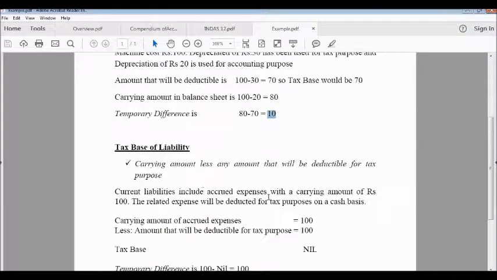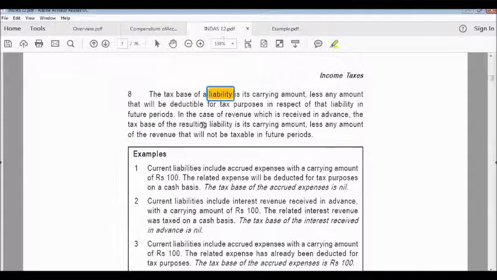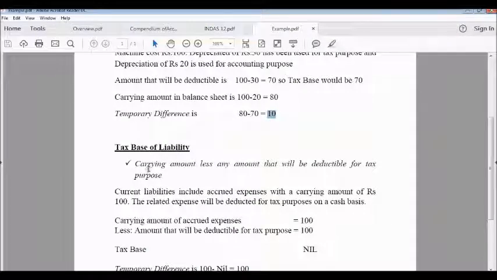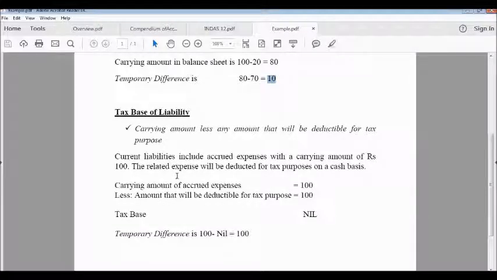Now the tax base of a liability, we have seen in Ind AS 12. The tax base of a liability is the carrying amount less any amount that will be deductible for tax purpose. So here's an example: current liability includes accrued expenses with a carrying amount of rupees 100. The related expenses will be deducted for tax purpose on the cash basis.